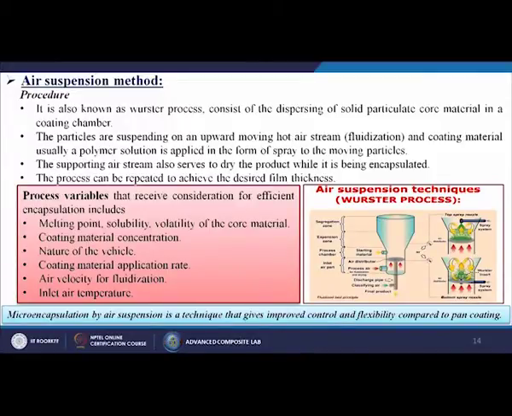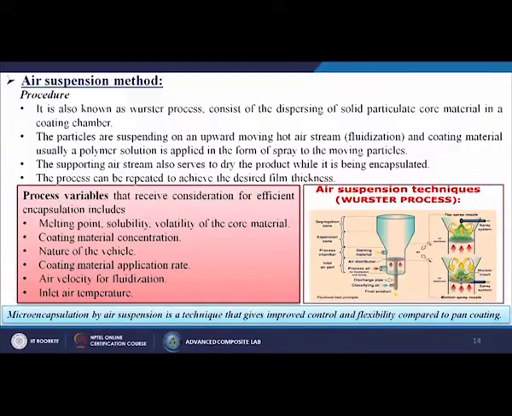Process variables that receive consideration for efficient encapsulation include melting point, solubility, and volatility of the core materials, coating material concentration, nature of the vehicle, coating material application rate, air velocity for fluidization, and inlet air temperature. So, this is the experimental method I am talking about.